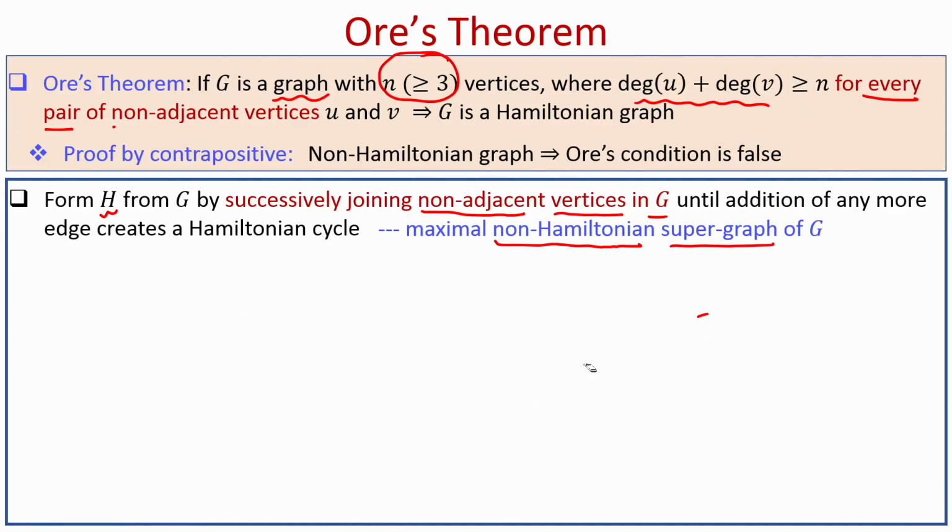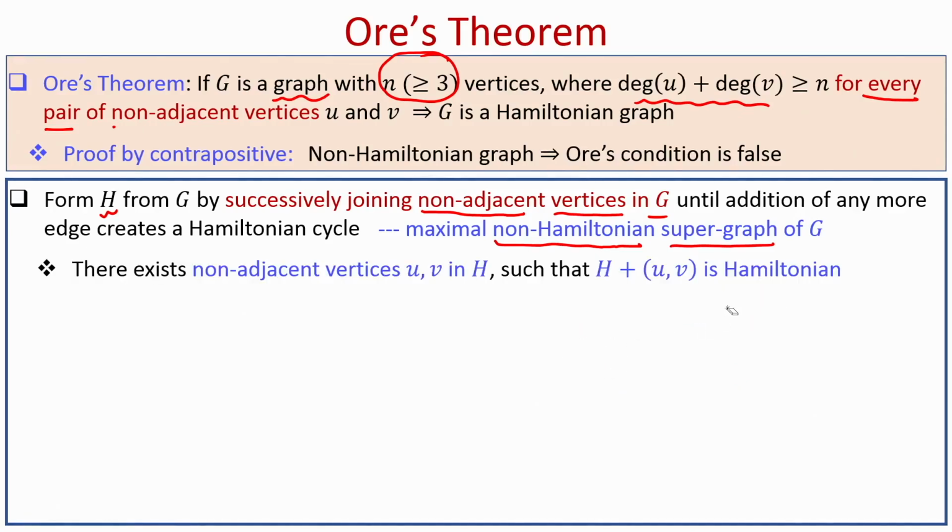Saturation point in the sense that you reach a point where you identify a pair of vertices u and v which are non-adjacent, such that if in the supergraph H which you have obtained till now you add this new edge between the vertices u and v, you get a Hamiltonian cycle. If you reach that point, that is the saturation state and you should stop.